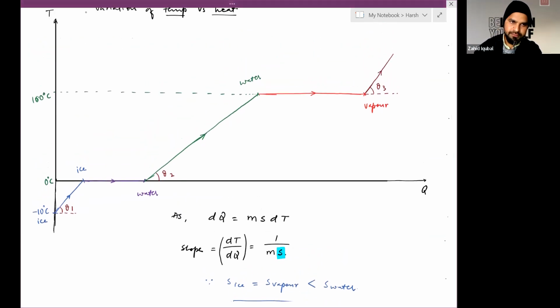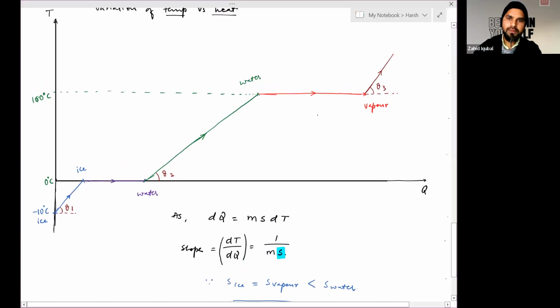Now, the next question will be related to this curve. If you have water and vapor at the same temperature, that is 100 degrees Celsius, which one will cause a more severe burn, water or vapor? From this graph, let me show you. Just draw a vertical line to vapor, and just draw a vertical line to this.